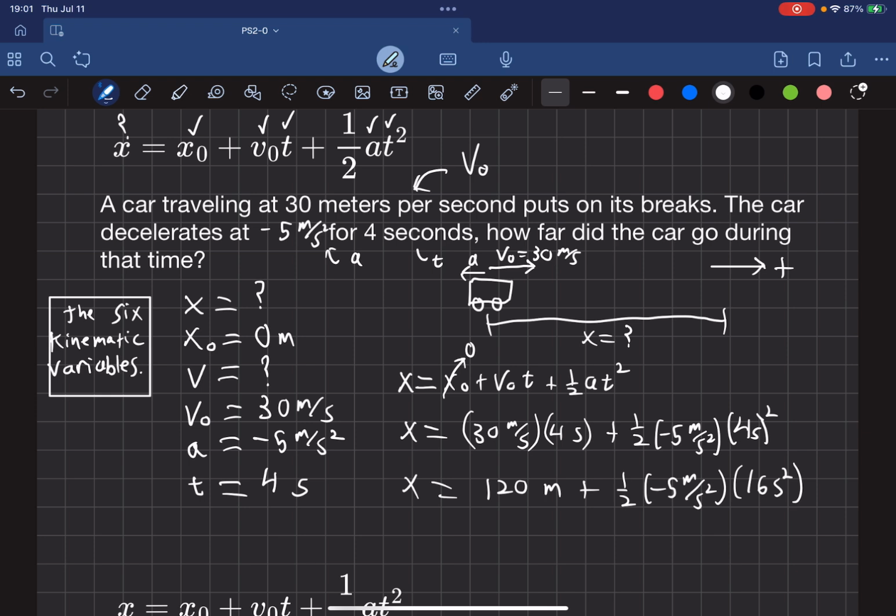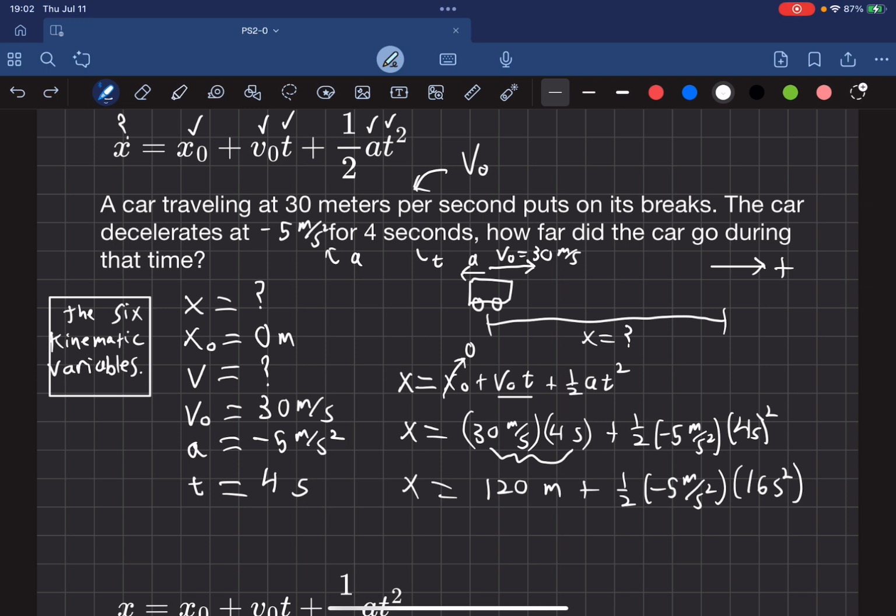What's interesting is this first part was the initial velocity times the time. So this distance right here, this 120 meters, kind of represents how far it would go if it didn't accelerate or decelerate at all. If the acceleration was 0, that's how far it would go. And in fact, if acceleration was 0, that whole right term would just go away.